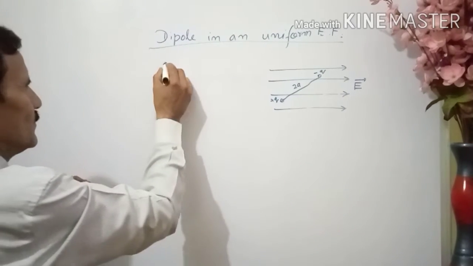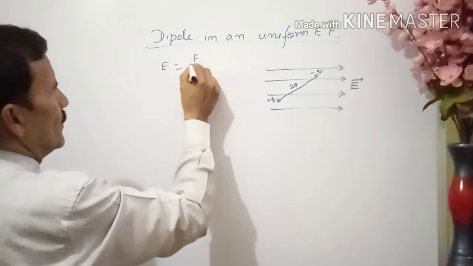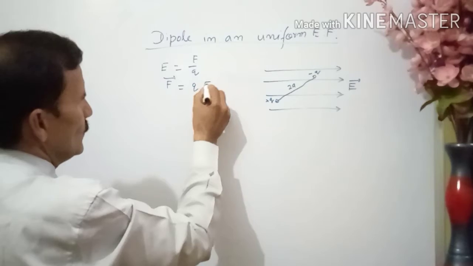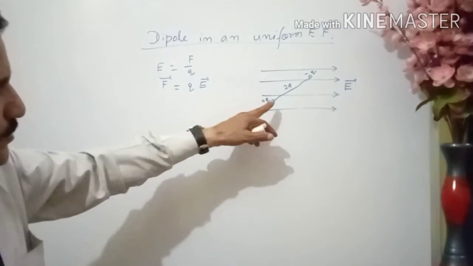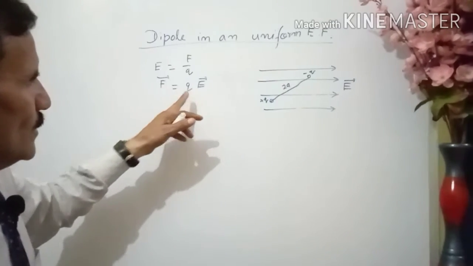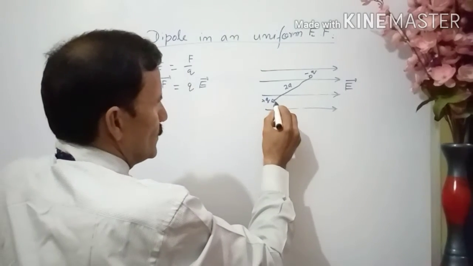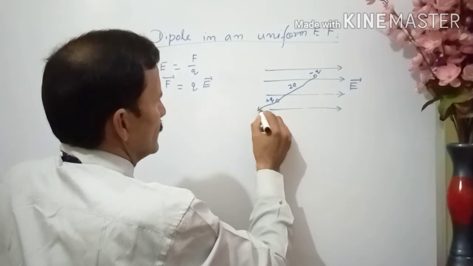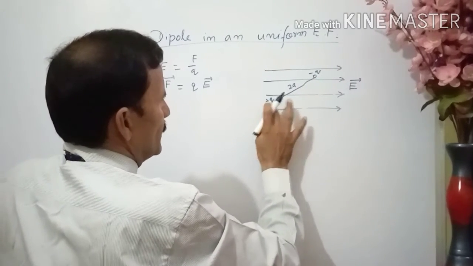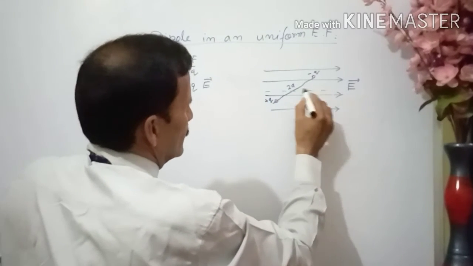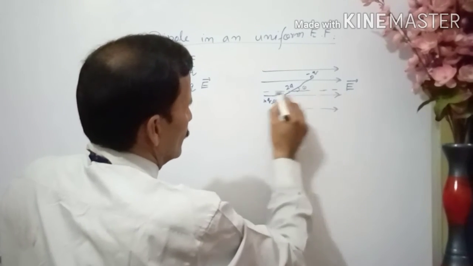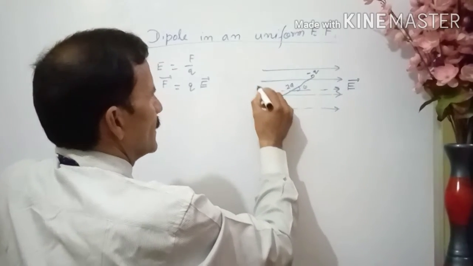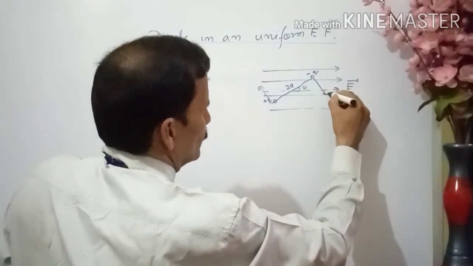You know the electric field was defined as F upon Q. So the force is always F equals Q into E. Now this one is positive, so suppose the force is in this direction, depending on the angle theta here. Then the other will be exactly opposite.